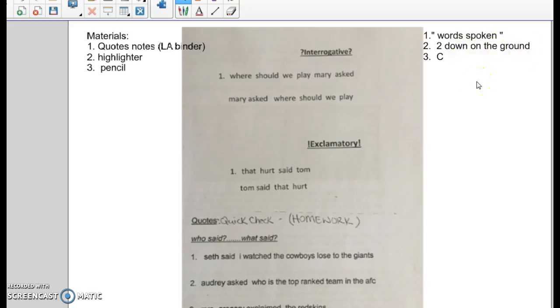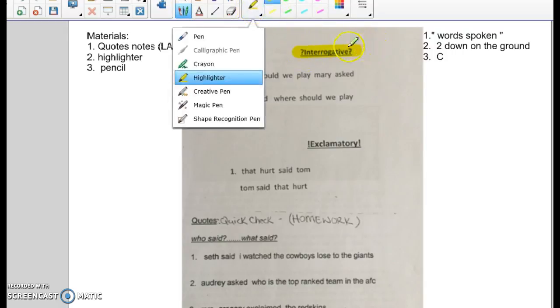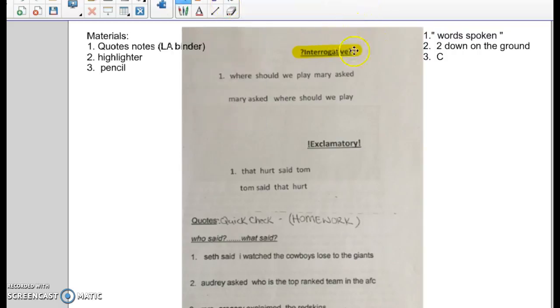Today it's almost exactly the same, except now we're working with interrogatives and exclamatories, so things are going to change just a little bit. All right, let's get your highlighter. An interrogative, think about when they interrogate suspects. They ask them a bunch of questions, right? So our 2 down on the ground changes. You're not going to have a comma and a period anymore.